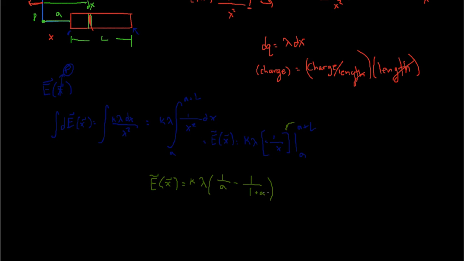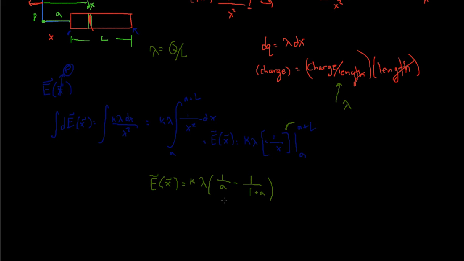Okay, and now if we remember that lambda is a charge per unit length, it's really just the total charge over the length of the rod. So the charge density is the total charge, which was given to us as Q, over its length, L, which is right here.